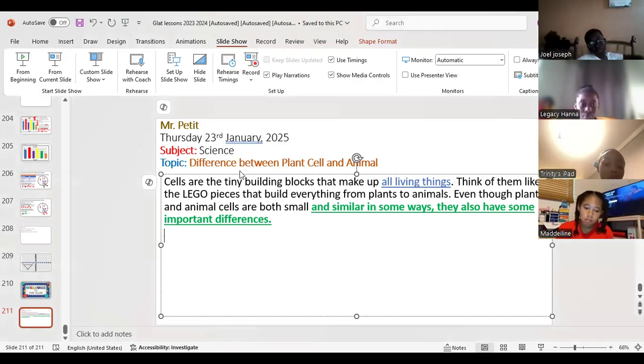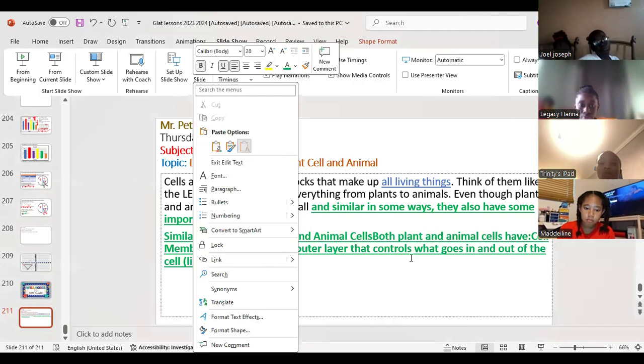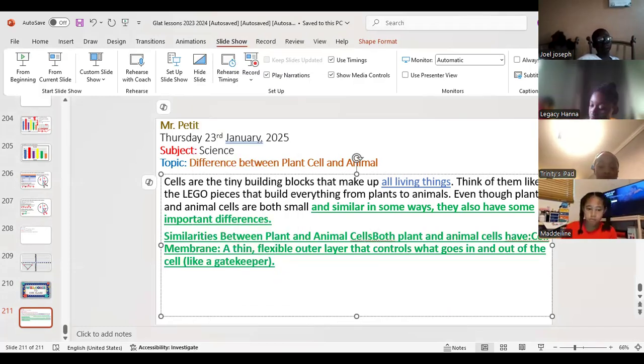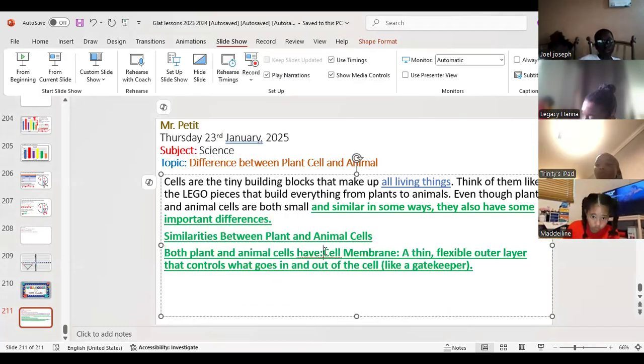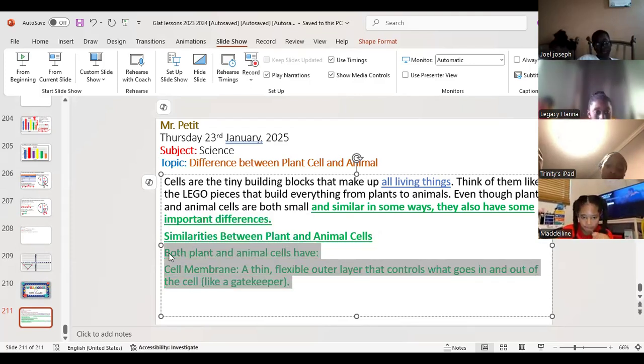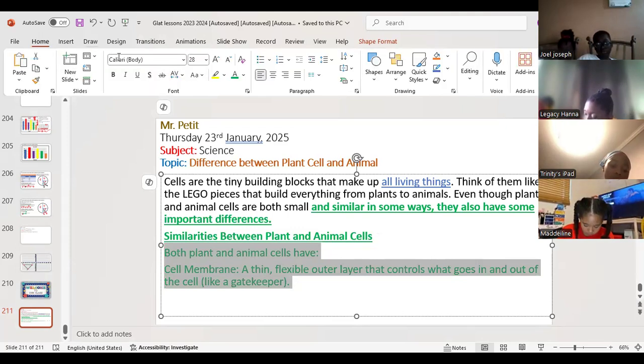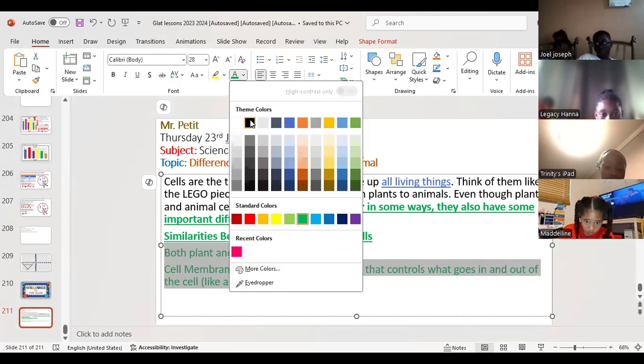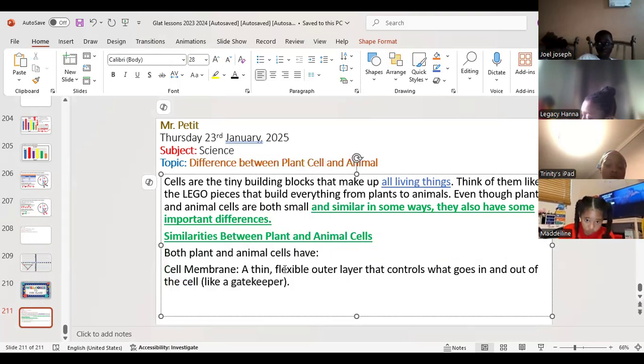So similarities between them, both plants and animals have a cell membrane. Now a cell membrane is basically the thing that allows substances to enter the cell. So it's kind of like a gate, right?